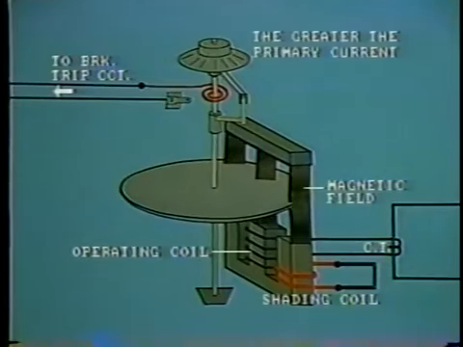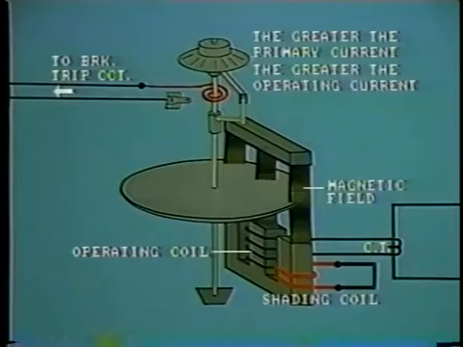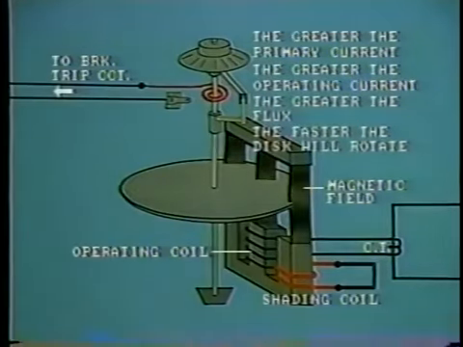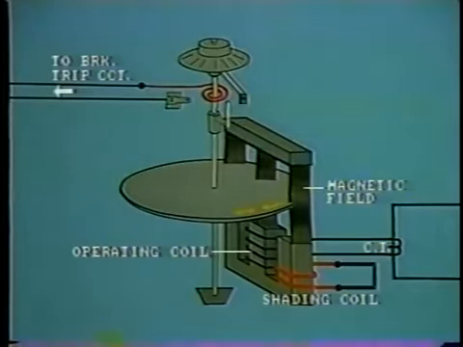So the greater the primary current, the greater will be the operating current, the greater the flux, and in turn, the faster the disc will rotate. You can see here, as the disc rotates, it carries with it the relay operating contact, and this eventually is brought up against the fixed contact, so closing the tripping circuit.